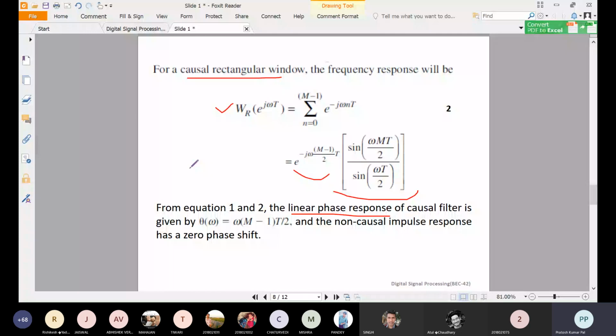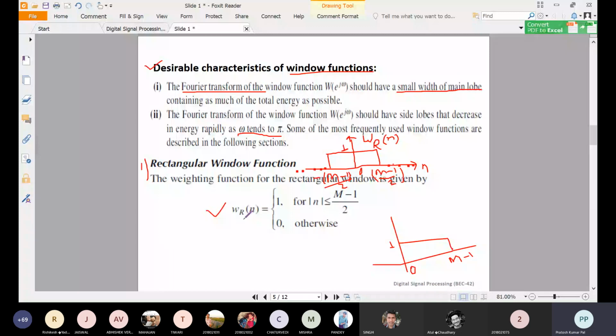Okay, so a filter having a linear phase response can be realized practically. So we should consider the use of the rectangular window for designing FIR filters. Once we have found the frequency response, we will multiply this w_R(n) with h_d(n), which we obtain from the given frequency response of the filter.